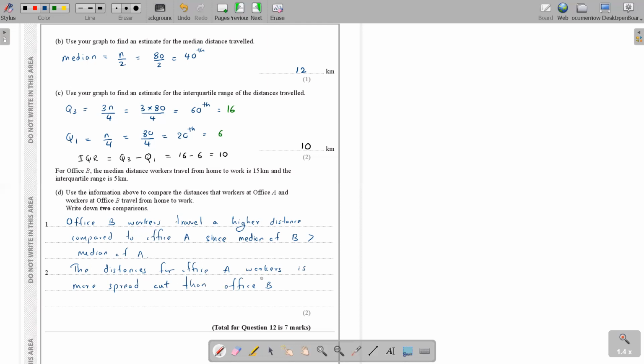Because the interquartile range of office A is higher than the interquartile range of office B. You need to give an answer in context, otherwise you will not get the mark here.